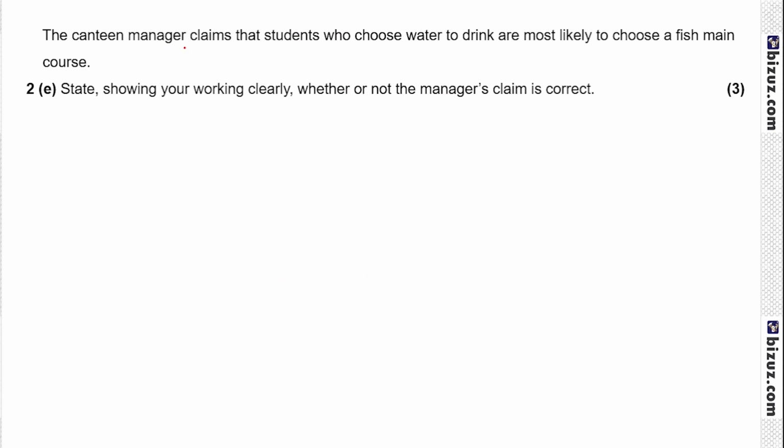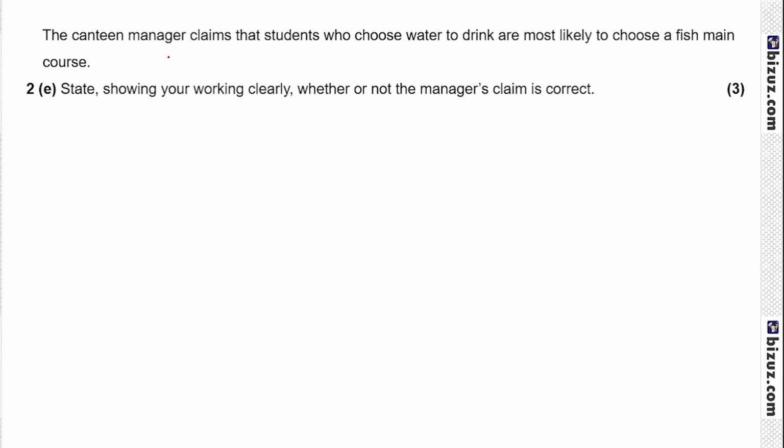The canteen manager claims that students who choose water to drink are most likely to choose a fish main course. So part E tells us to state, showing your working clearly, whether or not the manager's claim is correct. Now, first I'll discuss what the strategy is here, and then we can proceed to solving this.